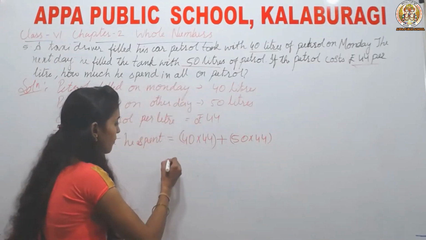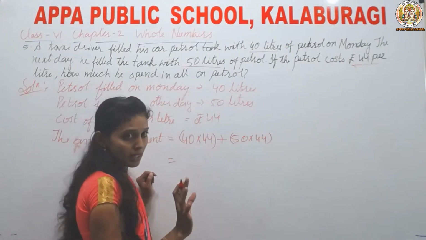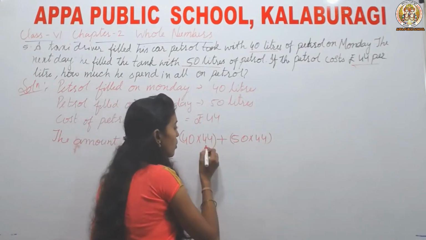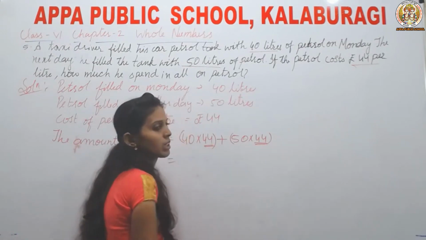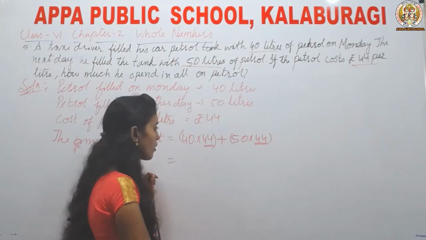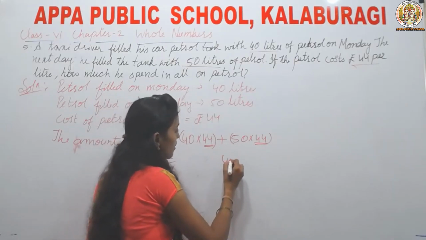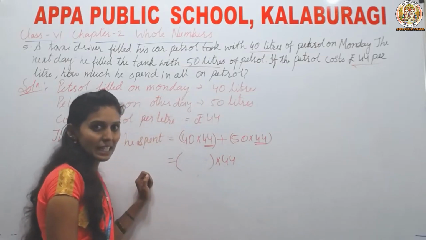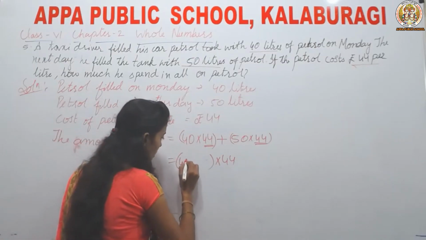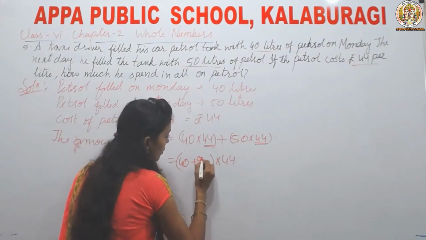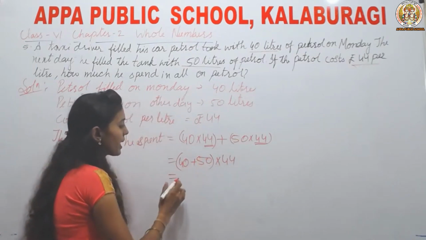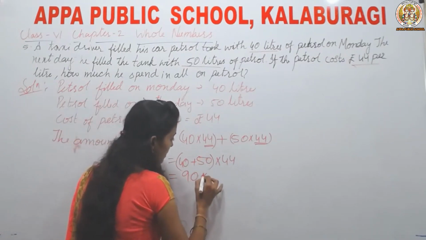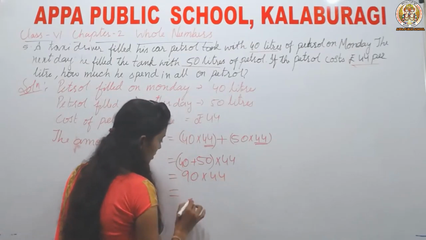So now I can directly find the products, but in these two terms 44 is common, right? So therefore what I'll do, I'll keep that 44 outside. What is remaining inside the bracket? 40 plus 50. When I add these two, I'll get 90 into 44.